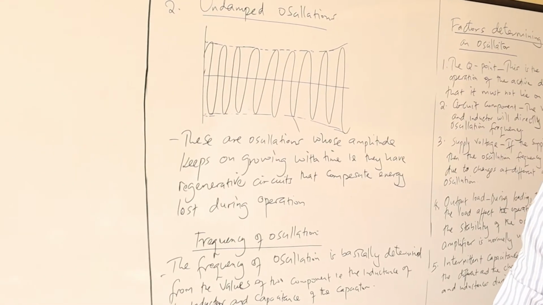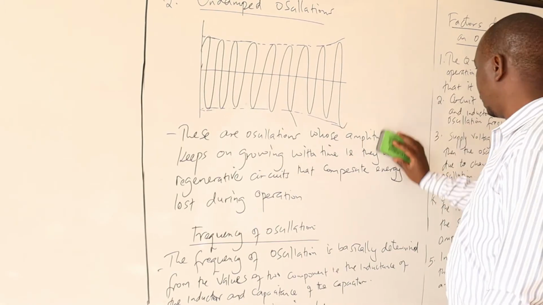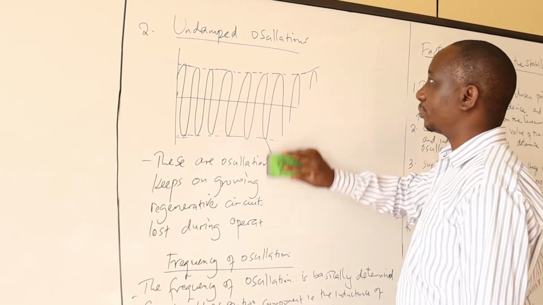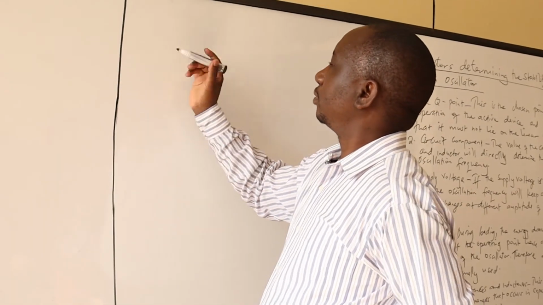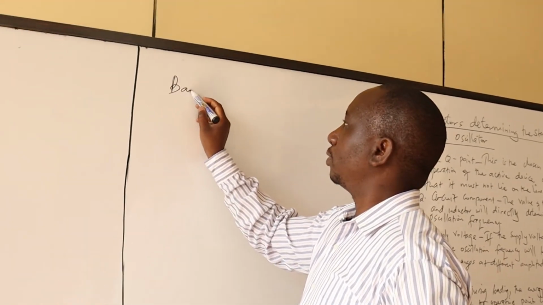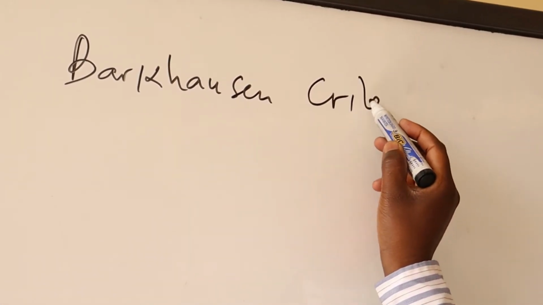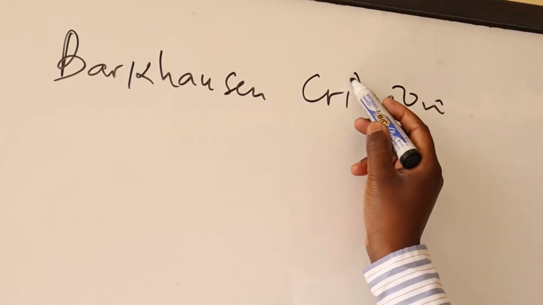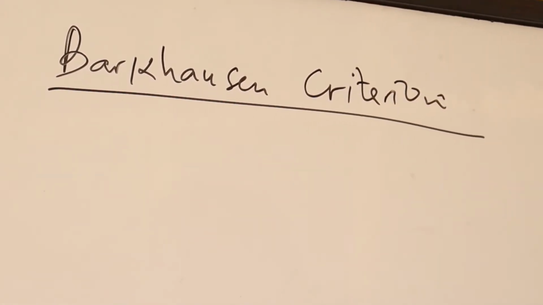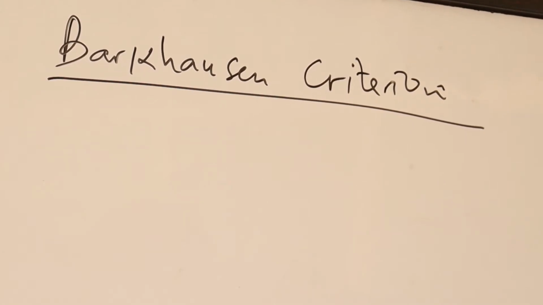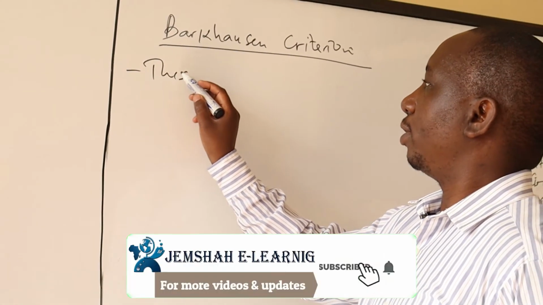So we're going to know the conditions for oscillations, then we're able to do something else also. The conditions for oscillation are normally referred to as the Barkhausen criterion.